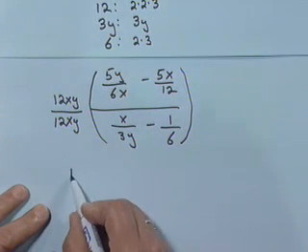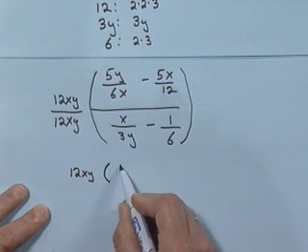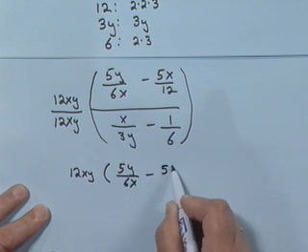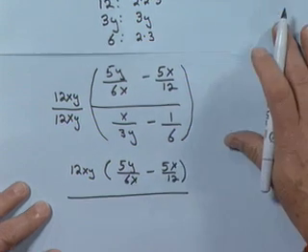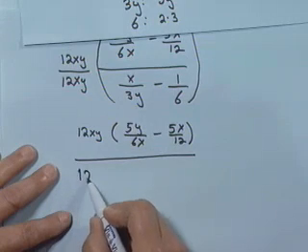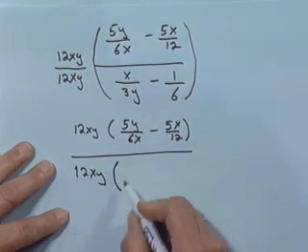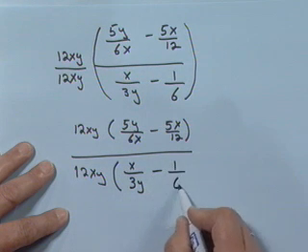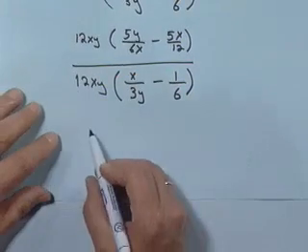Well, the effect of this is to take that 12xy and to multiply it by the numerator of this complex fraction and to multiply it by the denominator of this complex fraction, x over 3y minus 1 over 6. So let's take one more step to make sure that we all understand this.